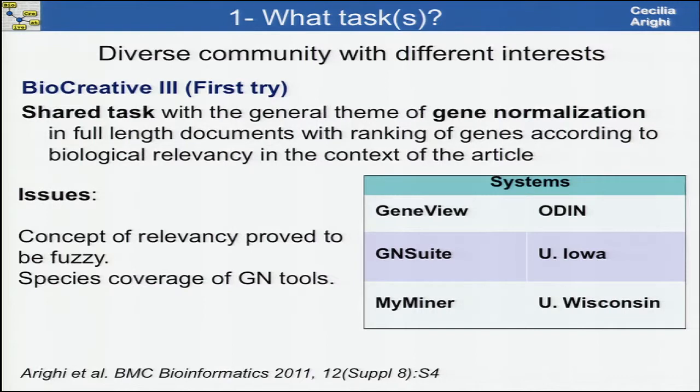In this case, it's gene normalization in full text articles, and also providing some ranking of the relevance of that gene in the paper. We had 6 systems that participated, but as I mentioned before, we had some issues when we extended the normalization task to any species, and that issue was reflected here as well. So there were species coverage problems in some of the tools.